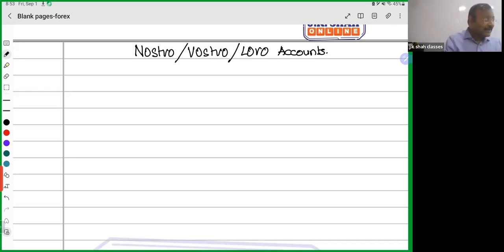Now, in an international transaction, you have imported raw material. You have to make a payment of $1 lakh. So what will you do? You will tell your bank to make the payment of $1 lakh. Now, the bank will obviously not make the payment directly to the supplier. Bank will make the payment to whom? Supplier's bank.